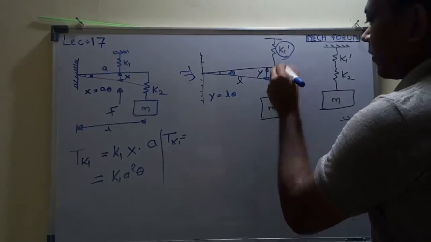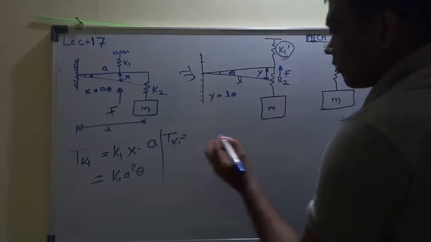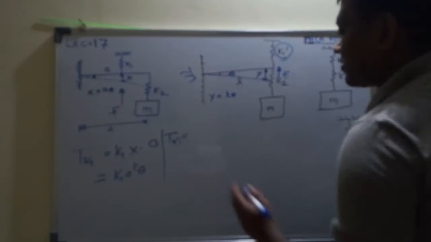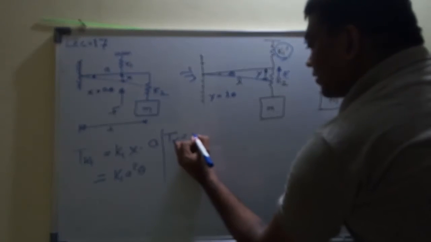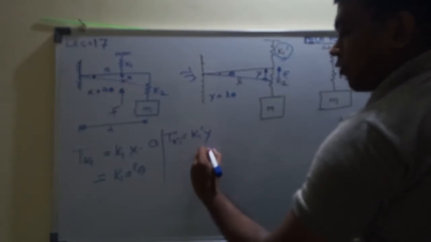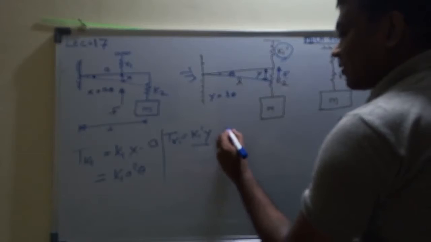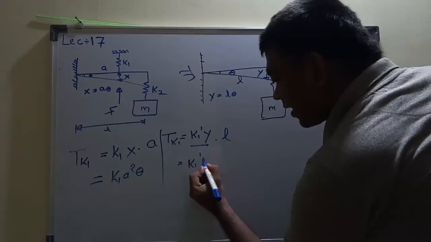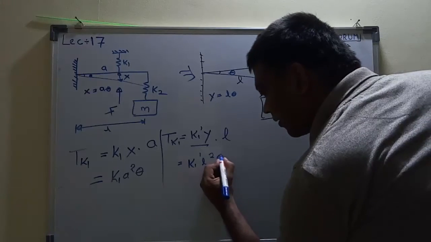So torque will be stiffness. Force is nothing but stiffness into deflection. Stiffness is K1 dash and deflection is Y. This is force into perpendicular distance, which is L. So Y equals L theta, and you will get K1 dash L square theta.